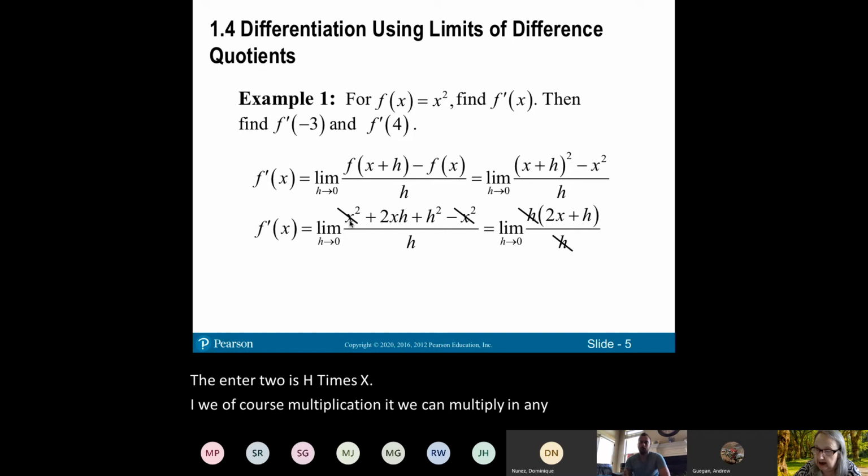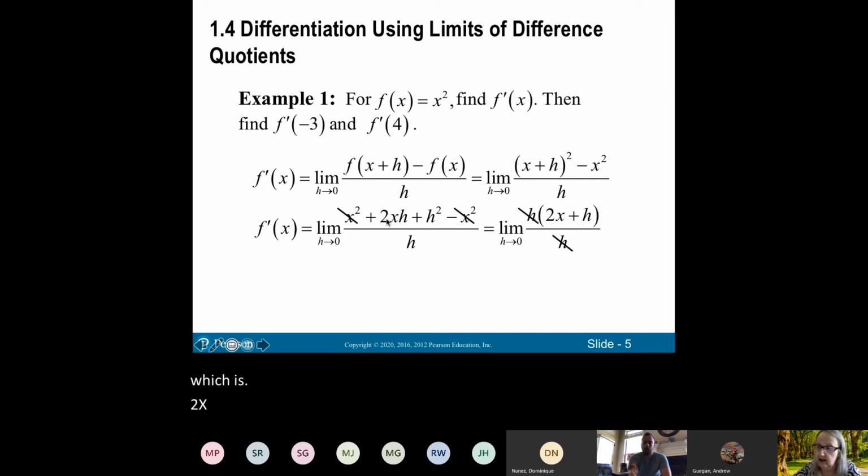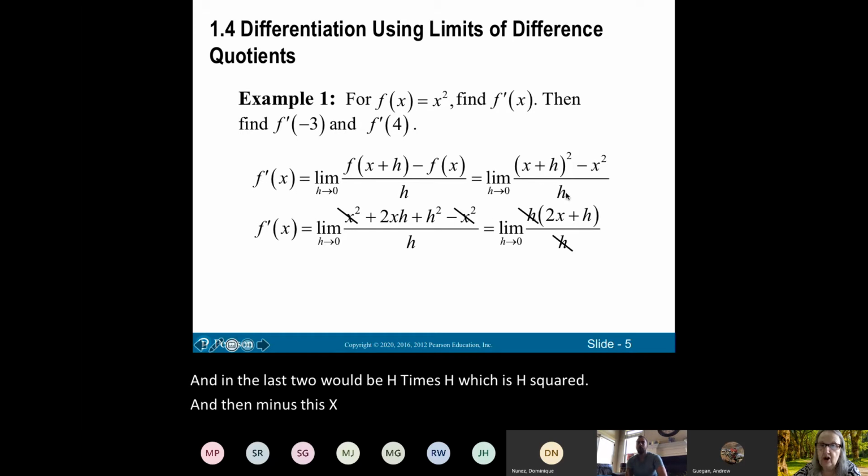So I can take the hx and switch it to xh, and then I would have xh plus xh, which is 2xh. And then the last two would be h times h, which is h squared. And then minus this x squared here over this h and the limit notation right here.